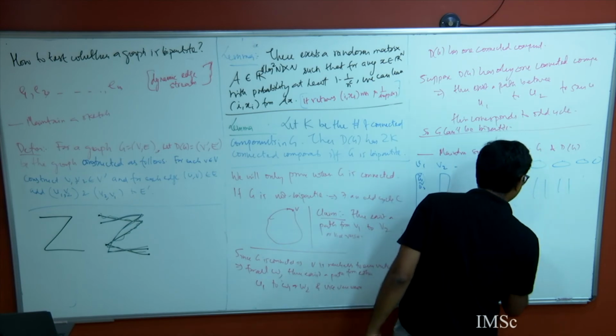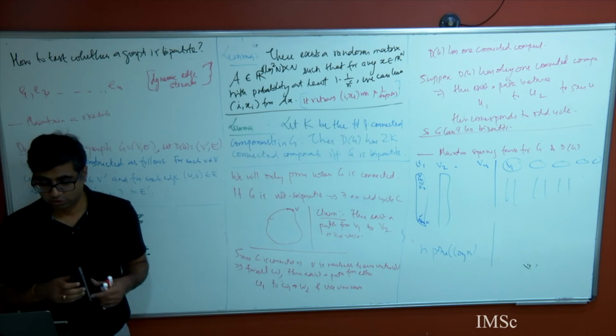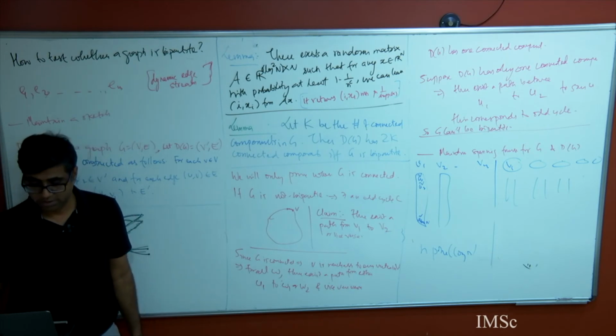Okay, so this was about how we now know how to do bipartiteness from linear sketching.